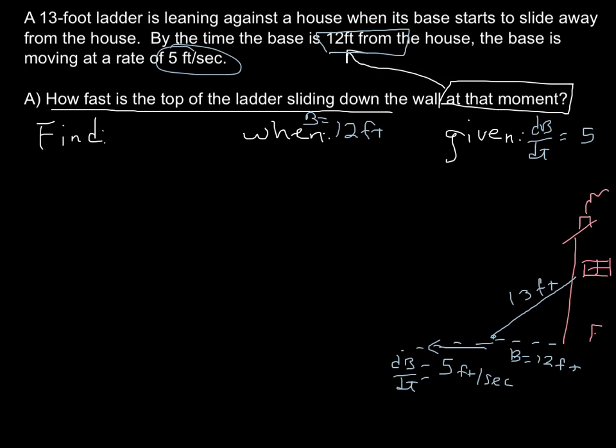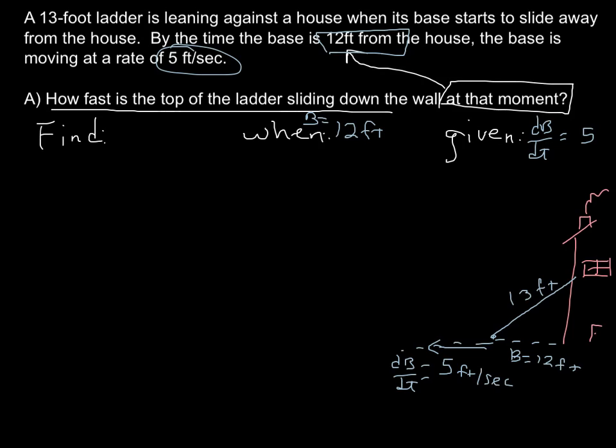Be careful, because they don't always tell you when it should be negative. This could have been that somebody was pushing the base of the ladder towards the house, and in that case it actually would have been a negative rate because the distance the base is from the house would be getting smaller. But since it's increasing, our rate of change is positive.